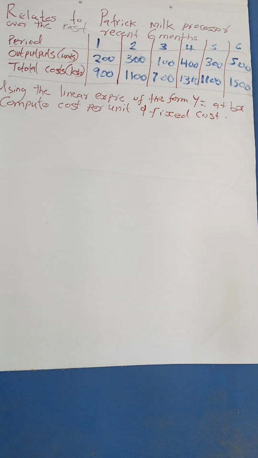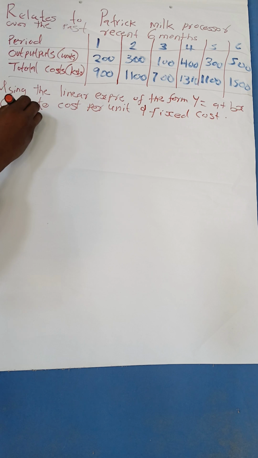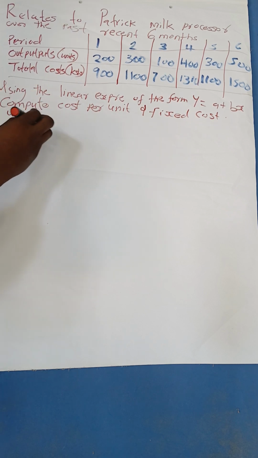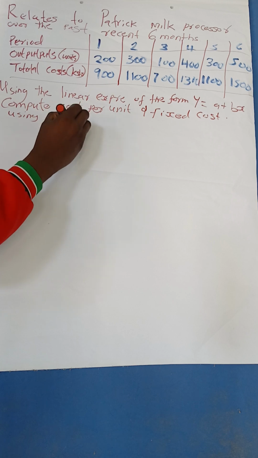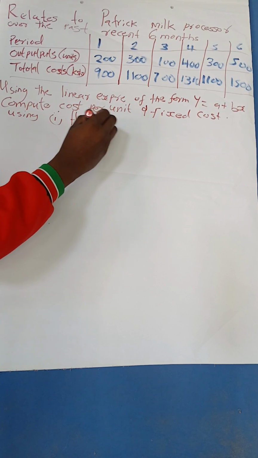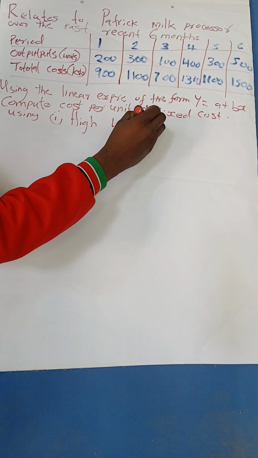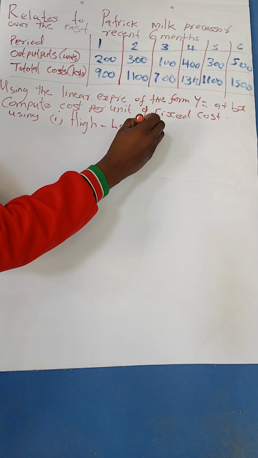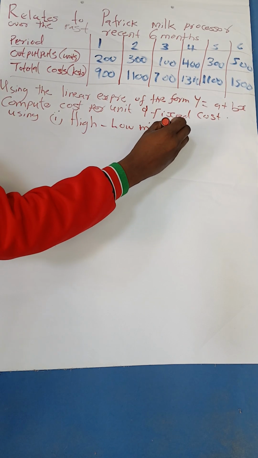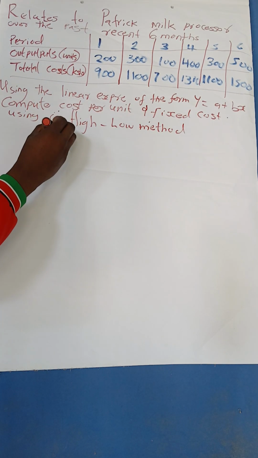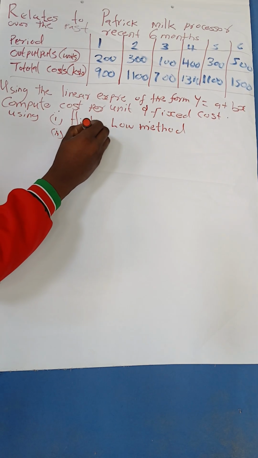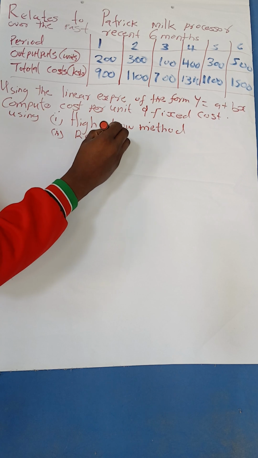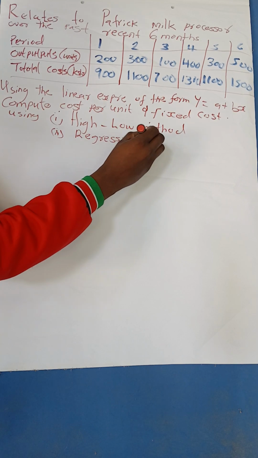I'm going to tell you what those are. One, using the high-low method. Then two, using regression analysis.